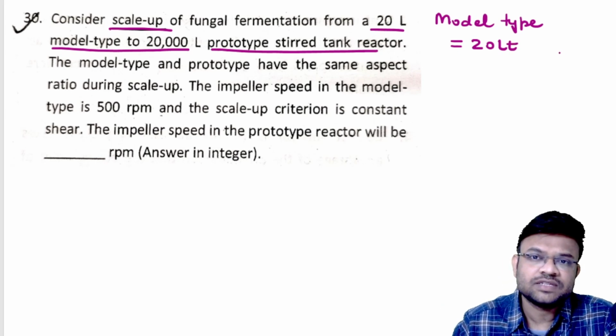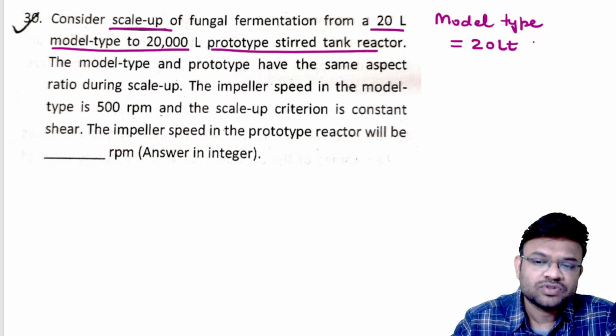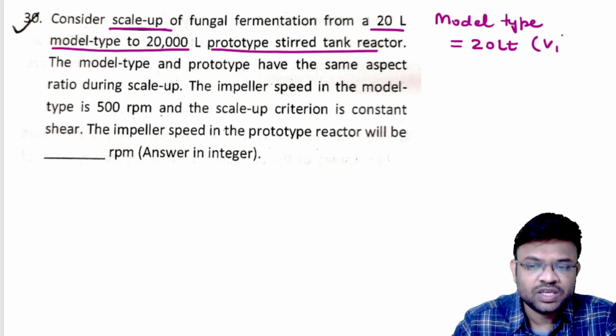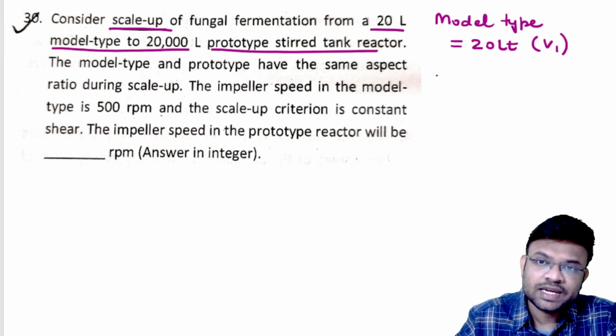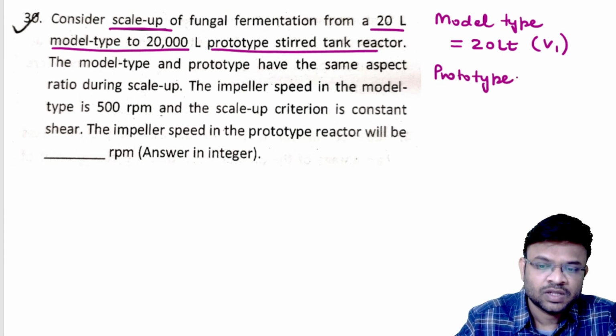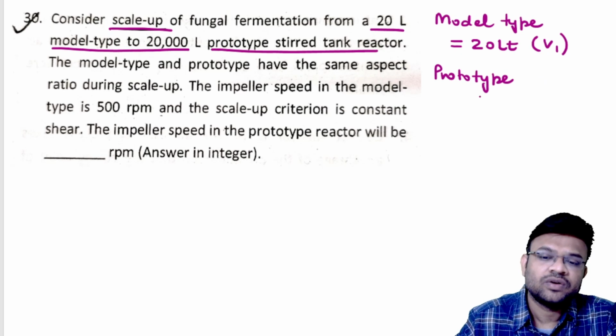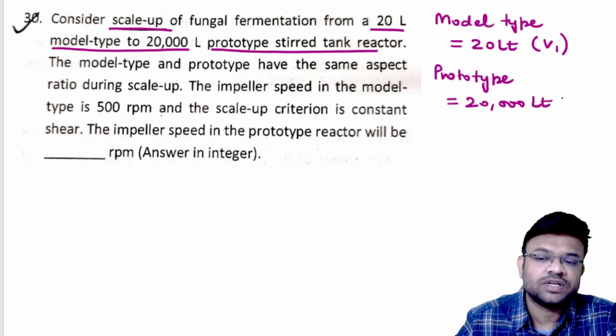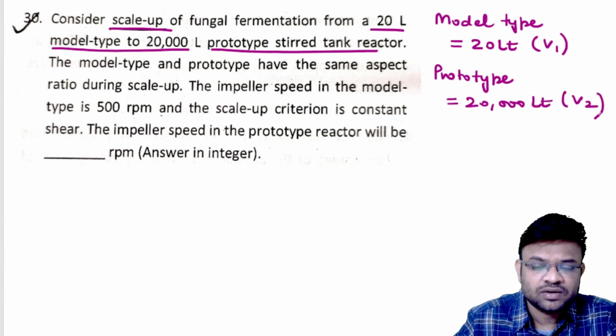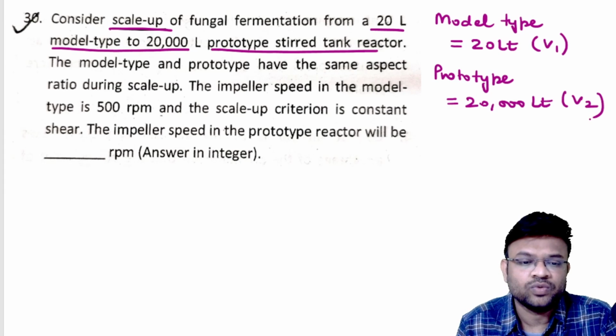Since we are dealing with the volume, I will write V1 for the model type. The second thing given is the volume for the prototype fermenter, 20,000 liters. Let me consider that the volume here is V2.